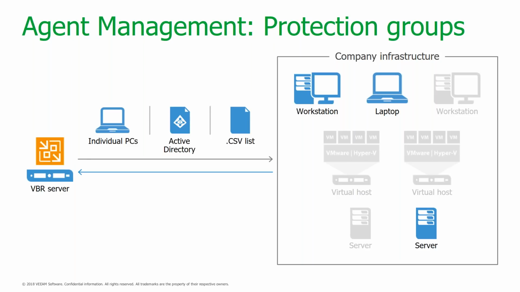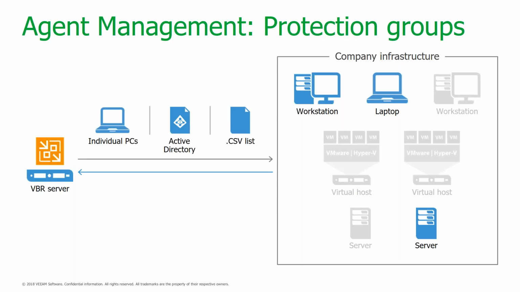And to identify those systems that you want to deploy the Veeam agent to, there's really three main constructs that can be used to build this protection group. The first is a list of systems. And then the next, which I like this one in the middle the most, especially for Windows systems, is an Active Directory object, such as an organizational unit, or it can be individual computer accounts.